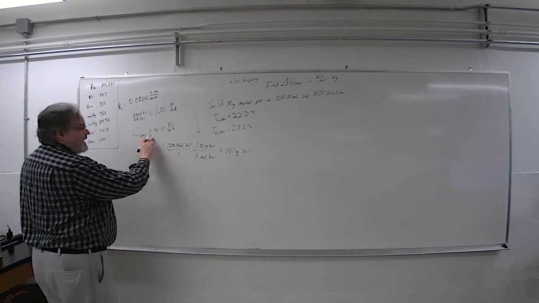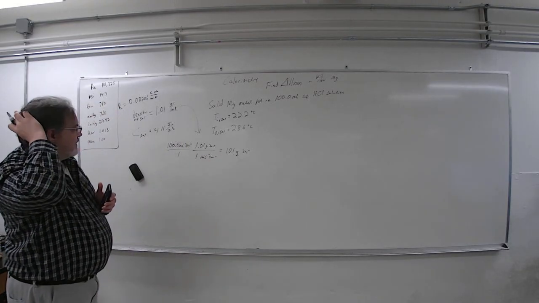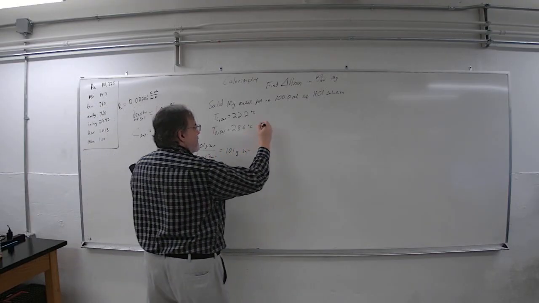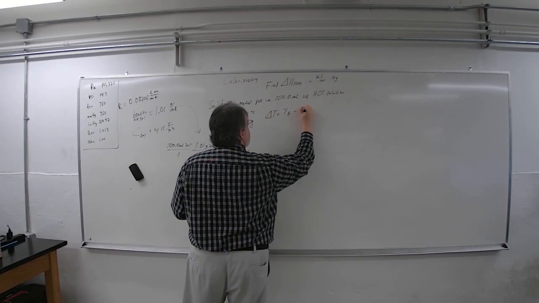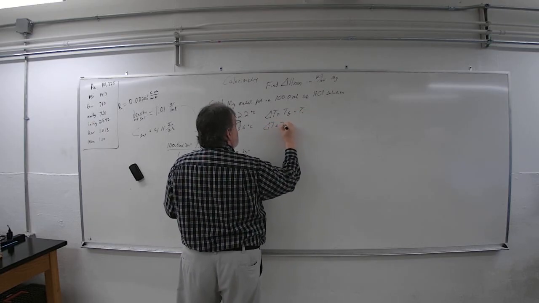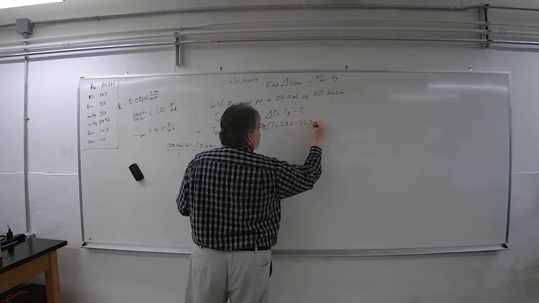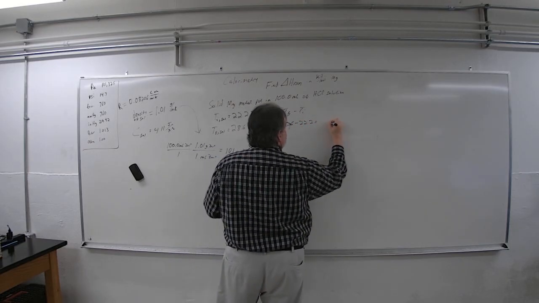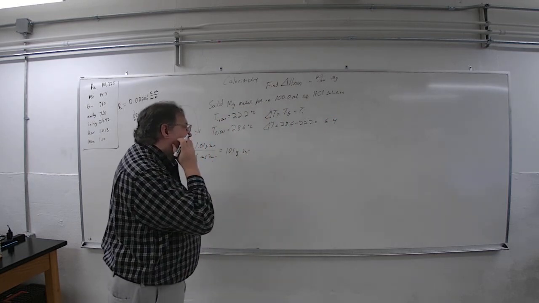So now we have the heat capacity, we have the grams, and the delta T is going to be final minus initial. So delta T equals 28.6 minus 22.2, which is 6.4.